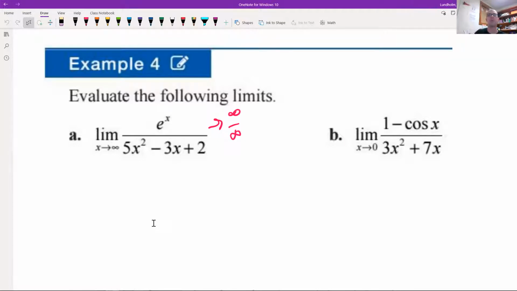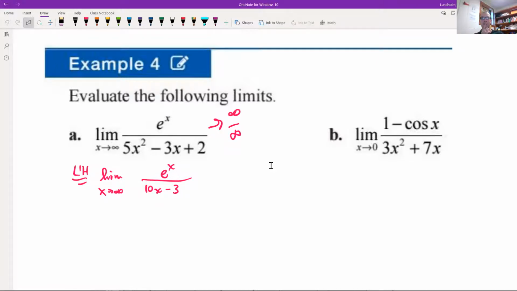But let's check what happens when we use L'Hopital's rule. We're in an infinity over infinity situation, so we are okay to employ L'Hopital's rule. If we take the derivative, we get e to the x over 10x minus 3 on the bottom.